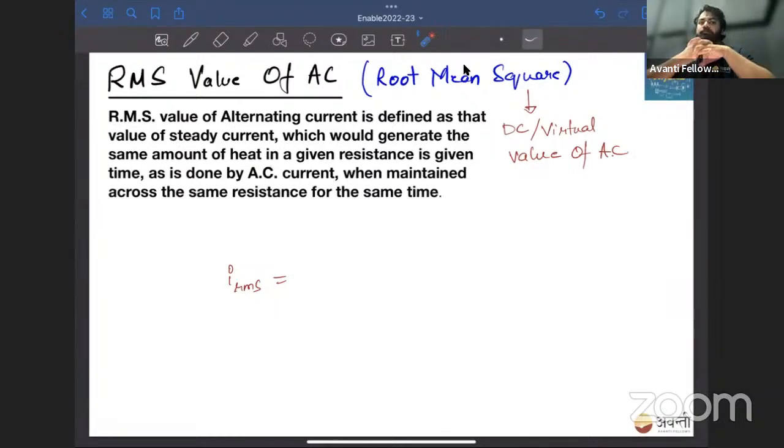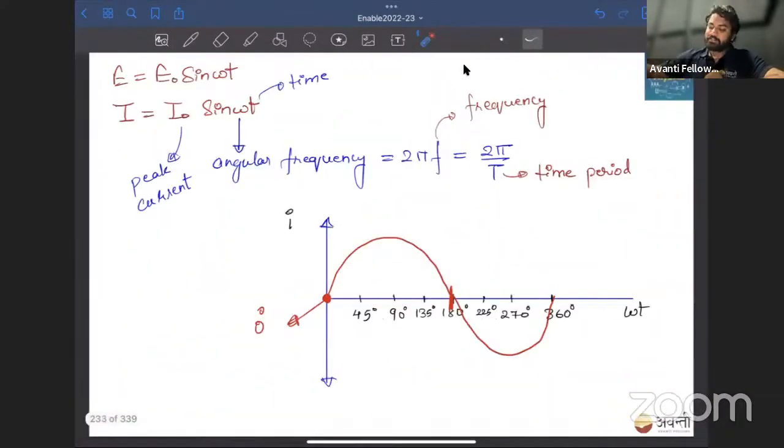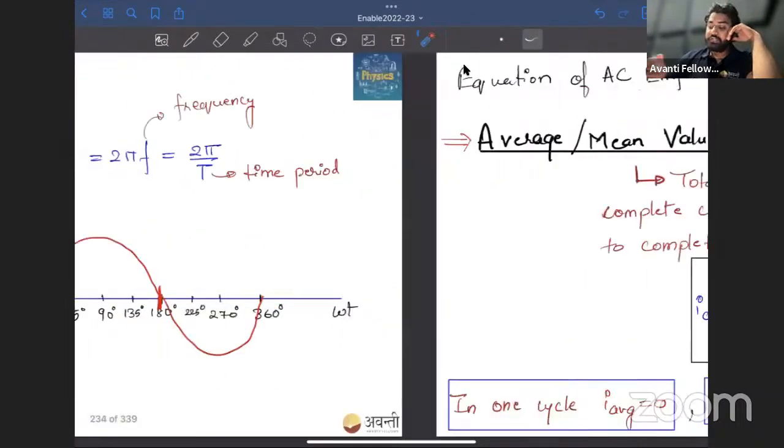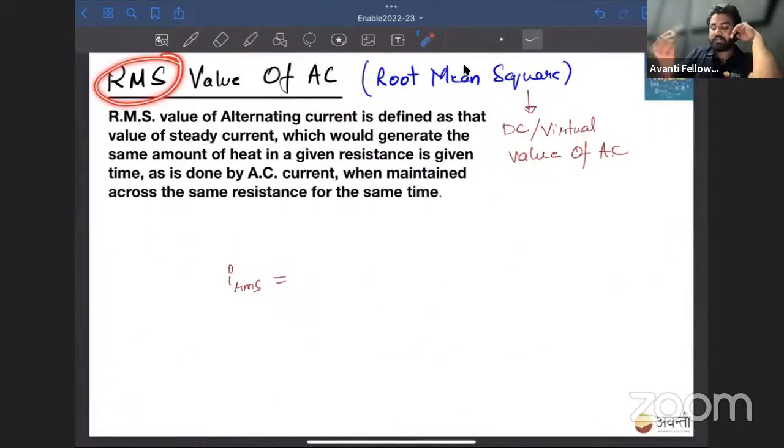So they put meters to measure the current or the power consumed by a particular house. How will they measure it? First they thought, let's measure the average value. Somebody used the power for one cycle, and the average came 0, means he used the power but the average of the current is also 0. So they cannot calculate from here. It was a problem, so they introduced RMS, root mean square.